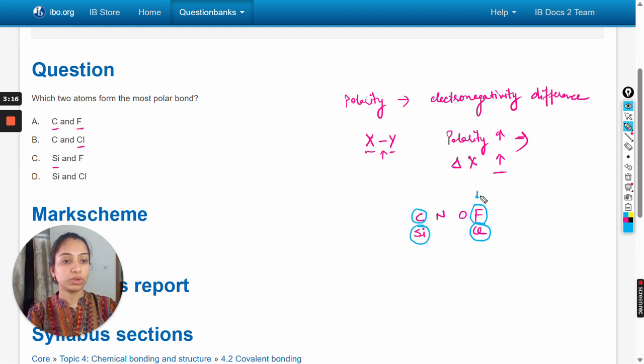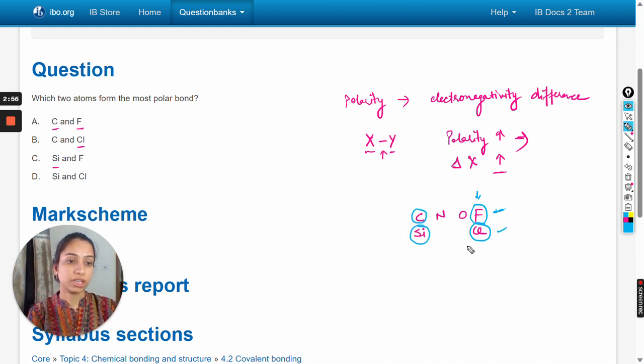So now we know these are the halogens, fluorine and chlorine, and the halogens are the most electronegative atoms. They have the most tendency to pull the bonding electrons towards themselves.